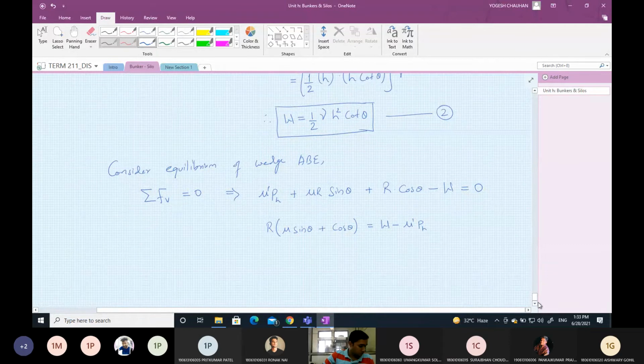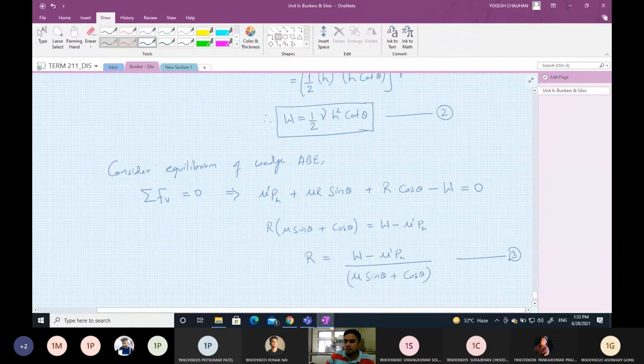So from this we will get r is equal to W minus mu dash pH by mu sin theta plus cos theta. Mark this as number 3.